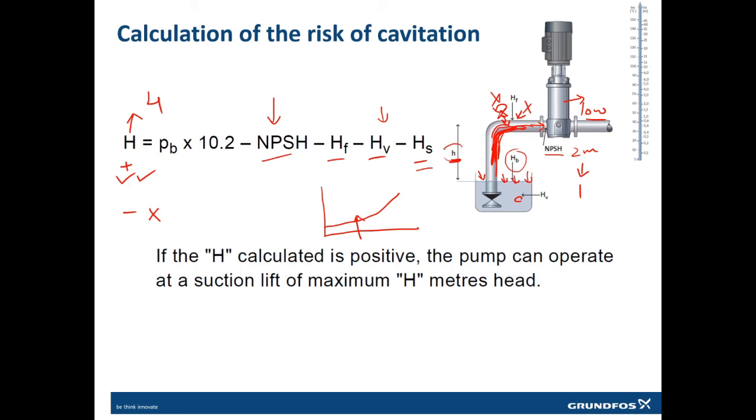That means you can suck the water from 4 meters with this setup, with this throttling valve, or with this pump, with this NPSH. But if this H is only 1 meter, that means you cannot have this height more than 1 meter. So if you want more than 1 meter, then you need to again reduce the friction, reduce the NPSH, or reduce the speed of the pump.